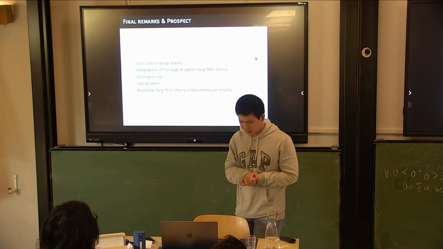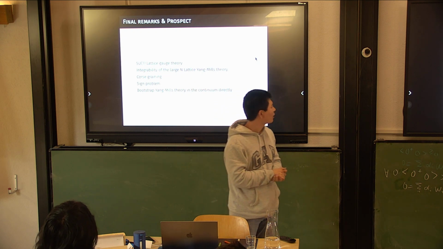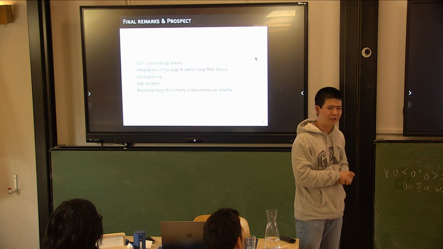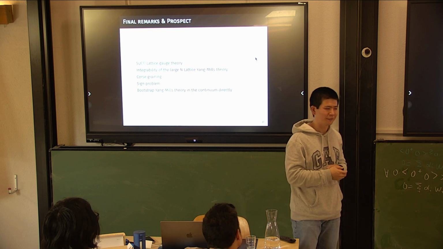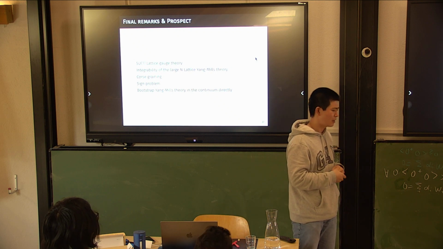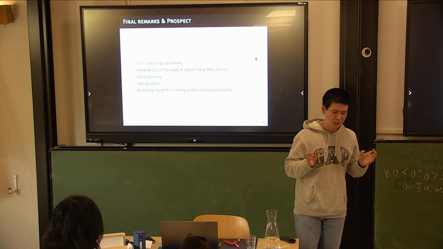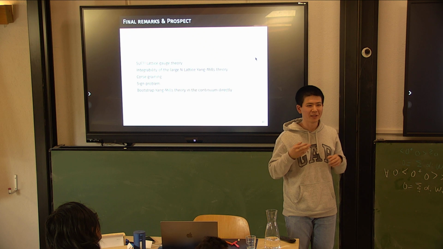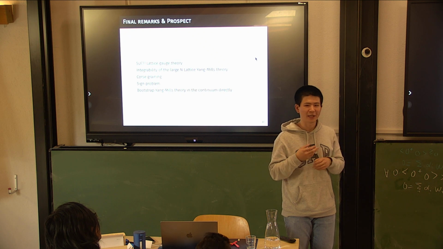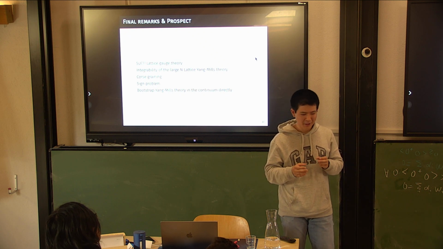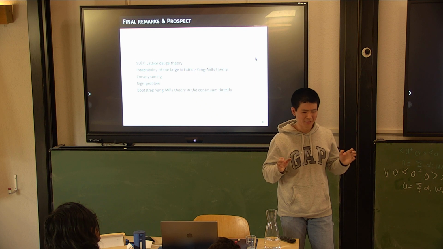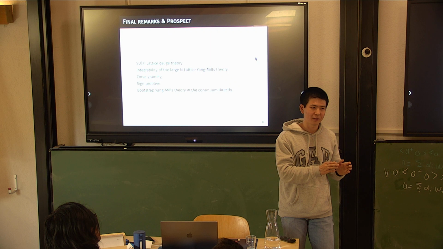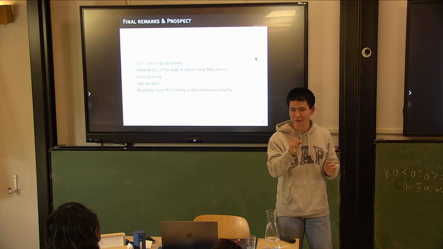So the second remark is integrability of the large N lattice Yang-Mills theory. This is some byproduct of this project. So what does this mean? This means that usually we find in the loop equation that the solvability of the model is already captured. For a solvable model, you have a lot of loop equations, but there are very few free variables. Sometimes there is only one free variable.